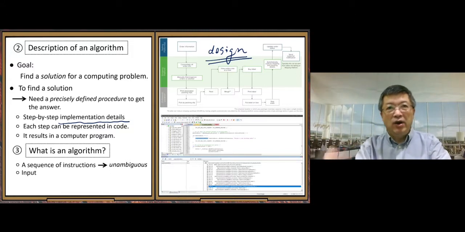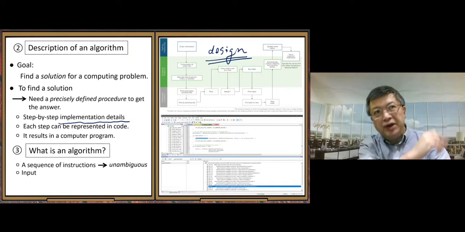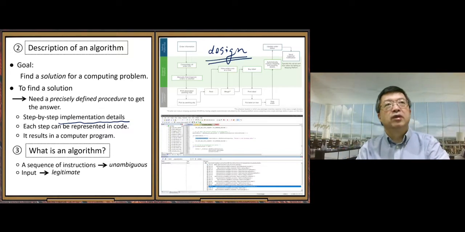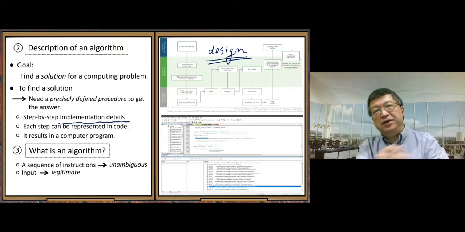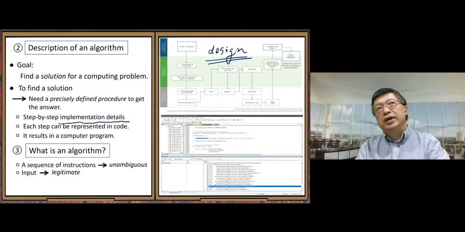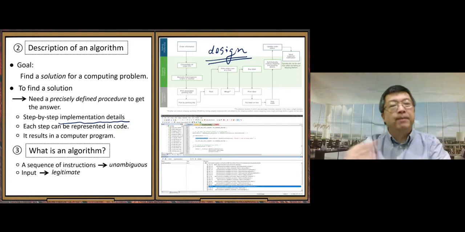Another, if we look at the input, it should satisfy some condition. Should be legitimate. Data should be valid, right? Our input data. So usually we need to provide a validation step to validate our data.